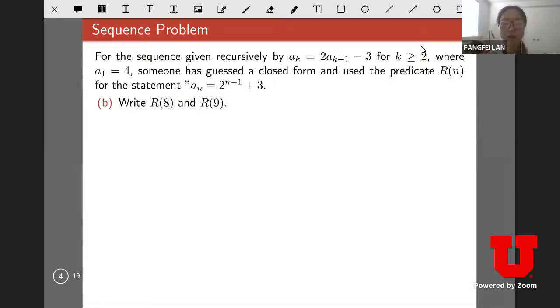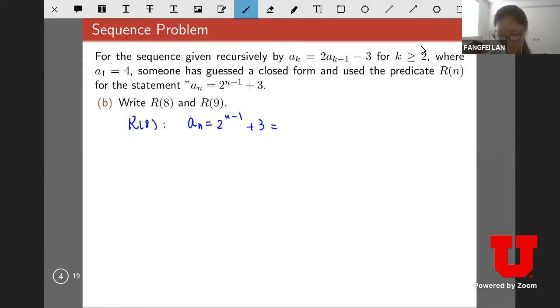So write R8 and R9. So what is R8? It's the statement, also the closed formula. How do you actually write R8?